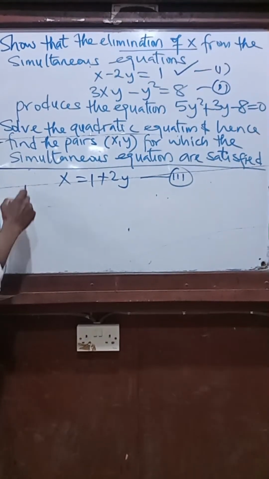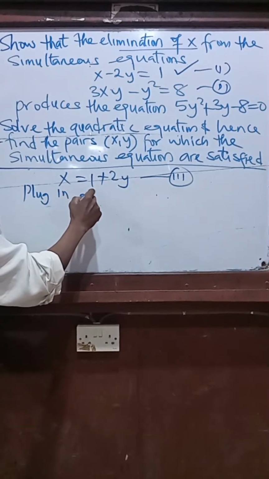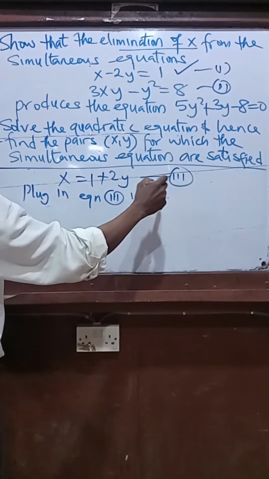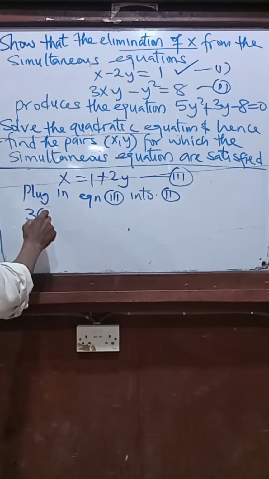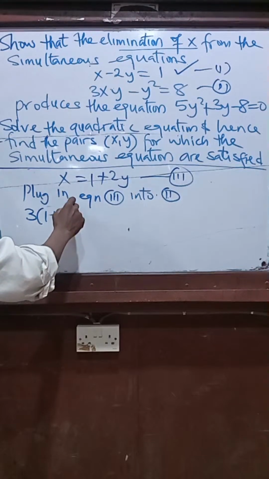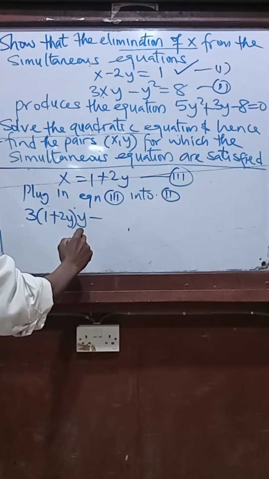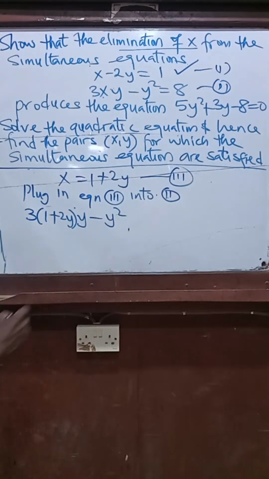Okay, so plug in equation 3 into equation 2. So we're going to have 3 times 1 plus 2y. Okay, that's my x, and then times y, minus y squared, equal to 8.